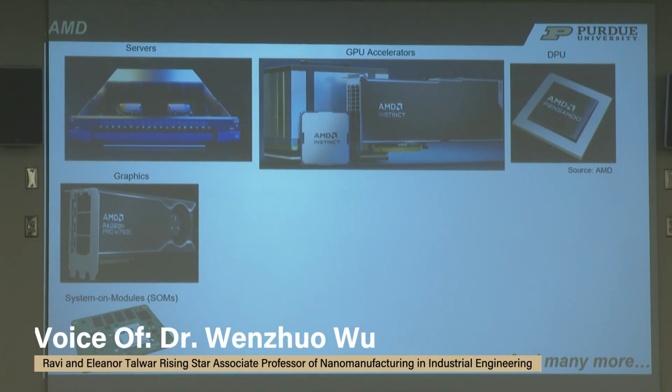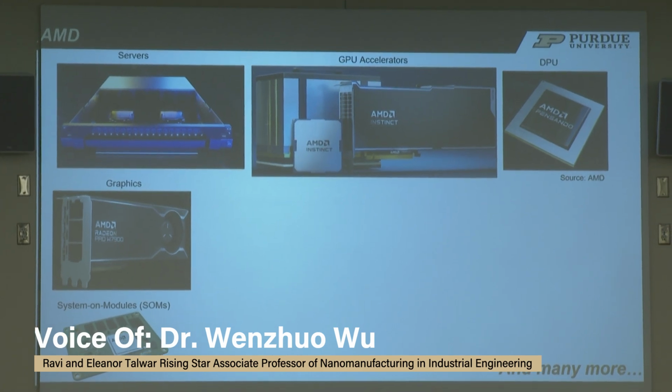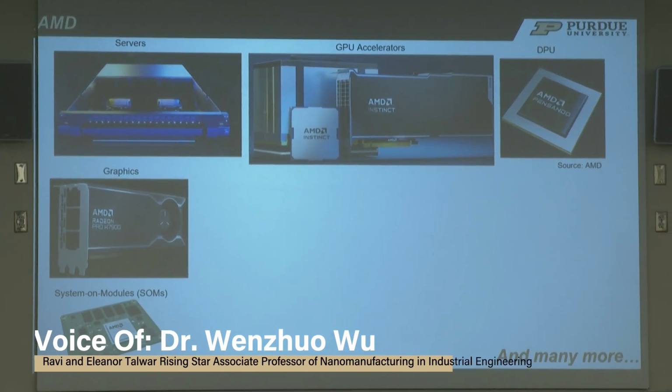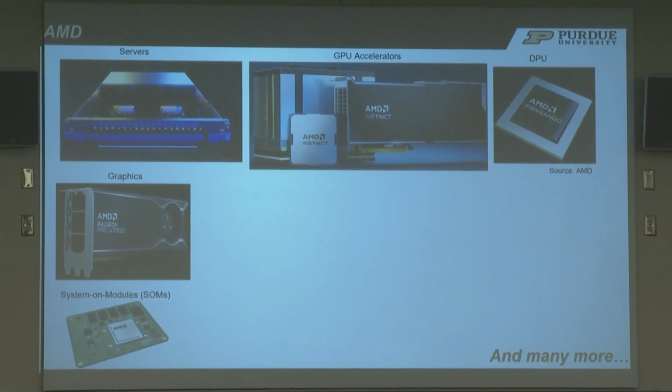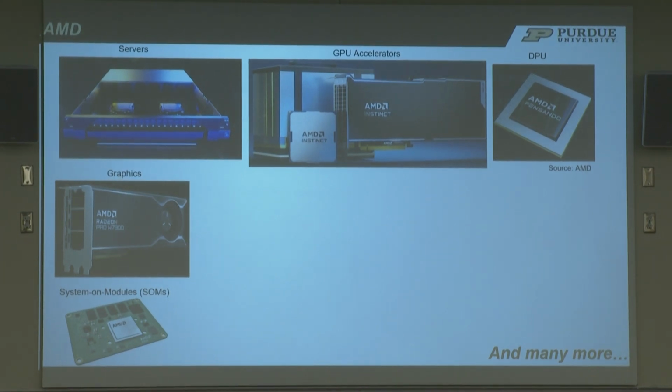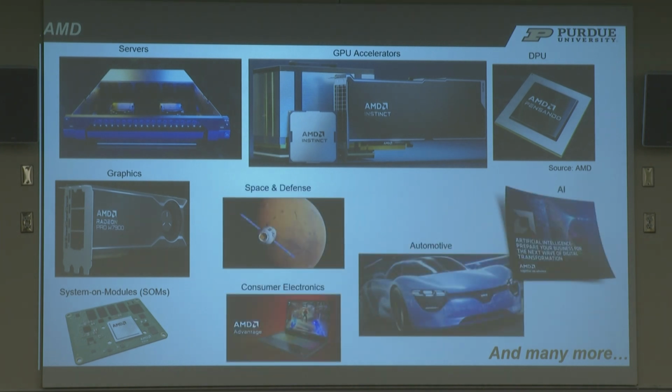So I did a quick search online, again, borrowed many of the pictures from the AMD website. I think this is a snapshot of what AMD is providing solutions to many industries. You probably know that AMD used to fabricate chips, but now AMD is a fabless company that designs many different types of chips for servers, for GPUs, and also DPU.